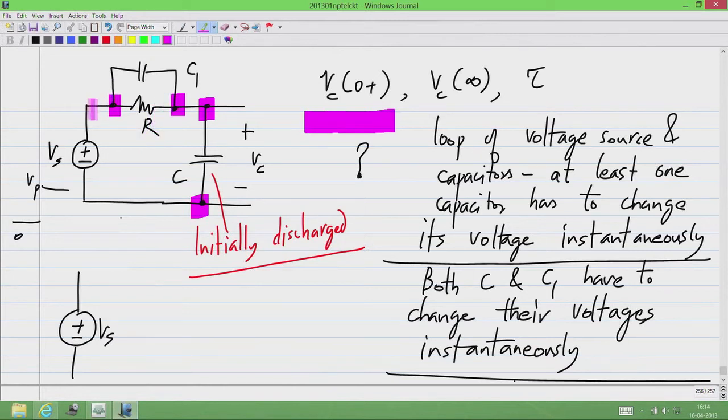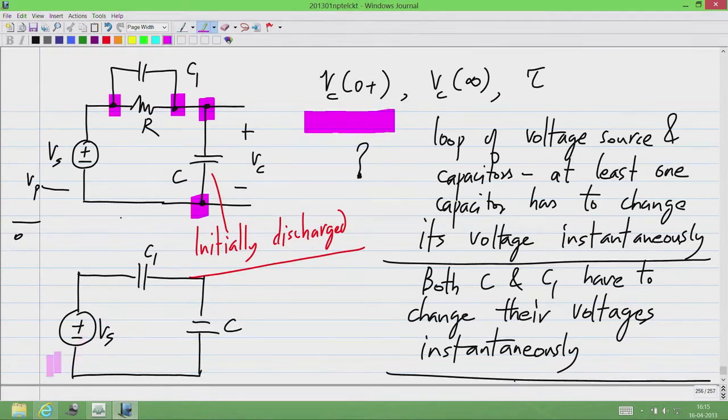Because the current through this is infinity, this is some finite value. If you add that to the infinite current, it does not change anything. So we can approximately find the answer by removing the resistor altogether and having only C1 and C.